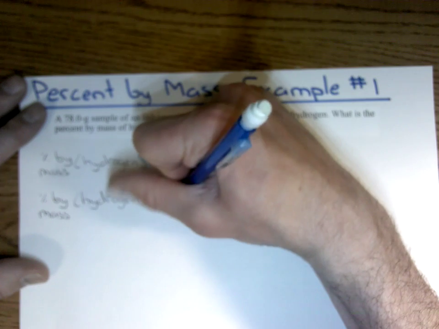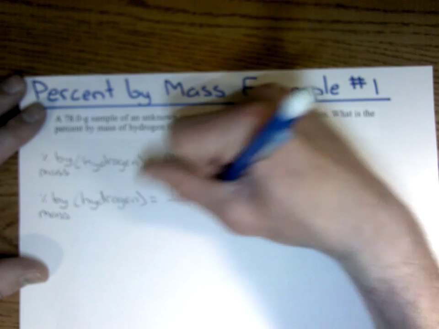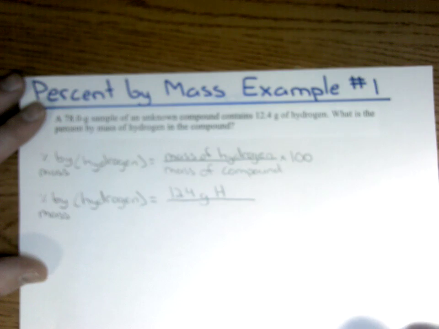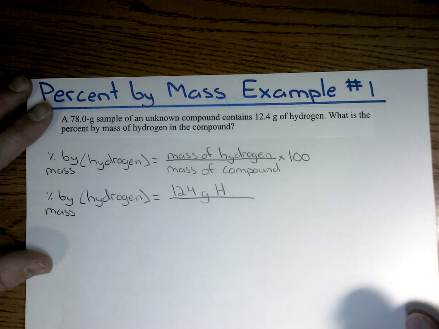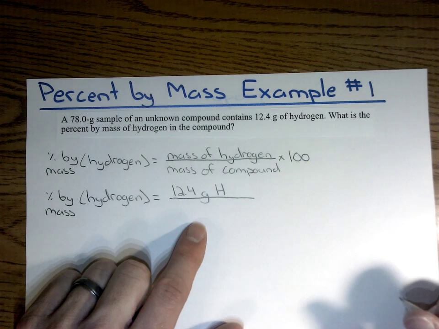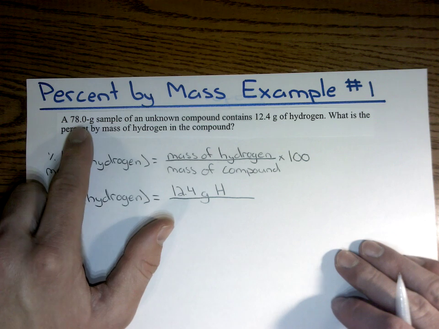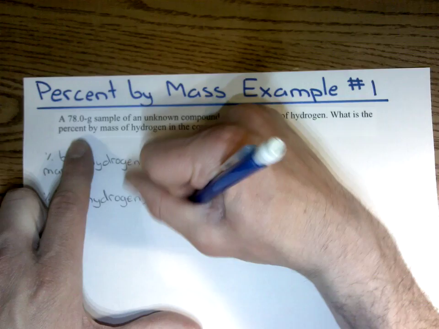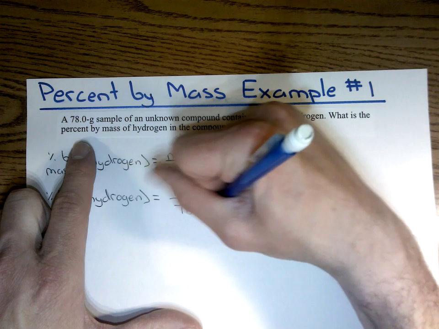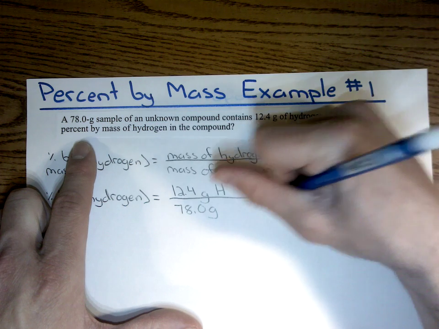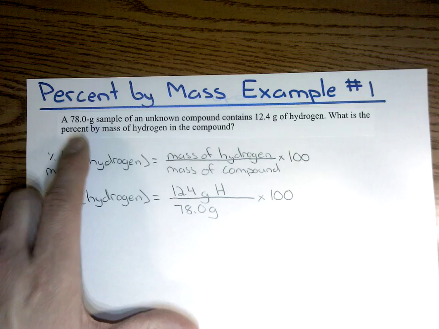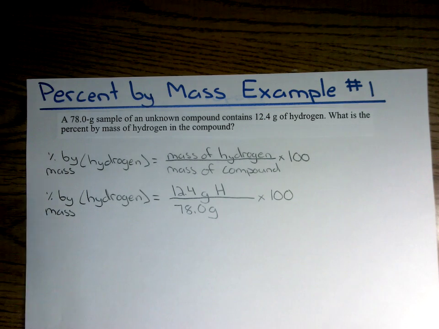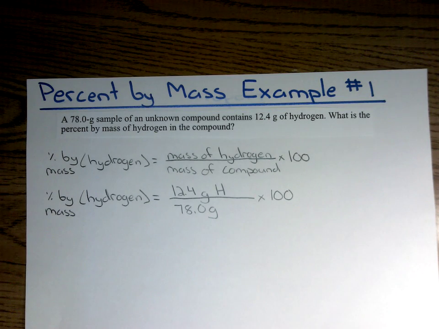So I'm going to put 12.4 grams of H. Remember, H is the symbol for hydrogen. And then on the bottom, I'm going to put the total mass of the compound, which is a 78.0 gram sample. So I'm going to have 78.0 grams. And again, very important that we don't forget that multiply by 100.